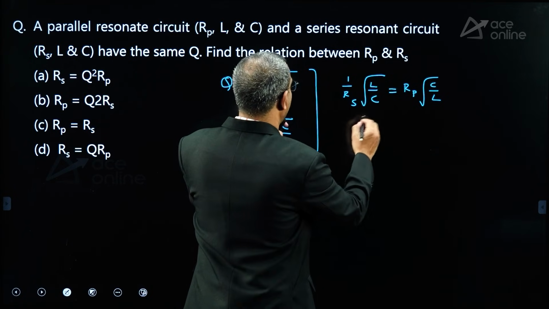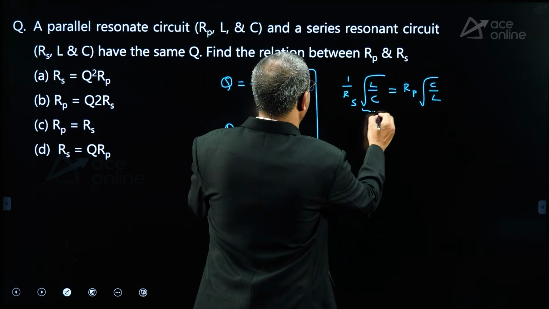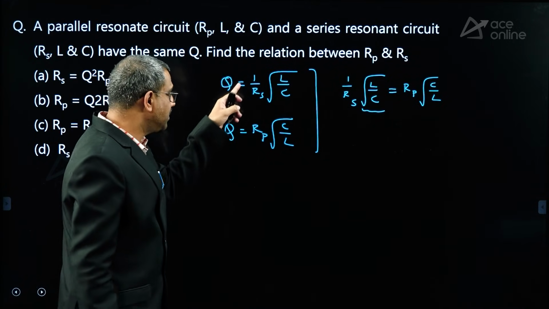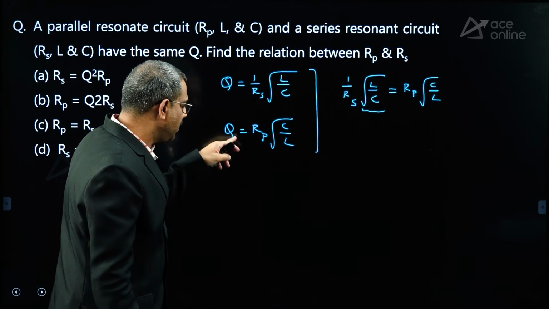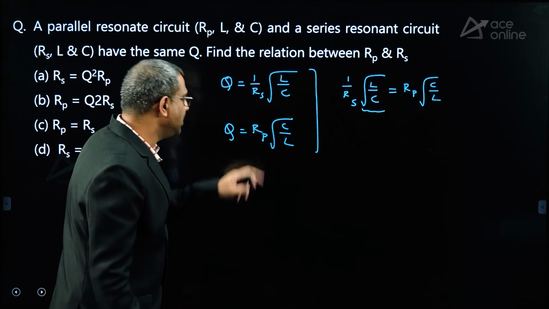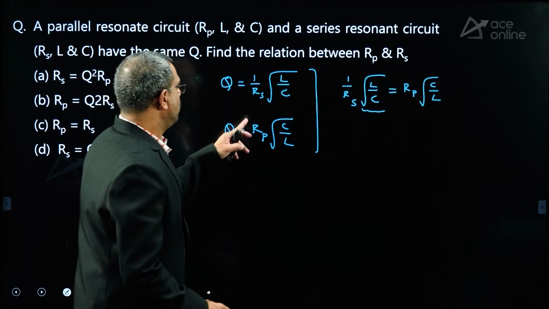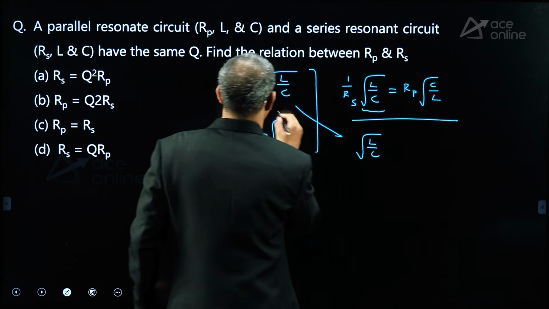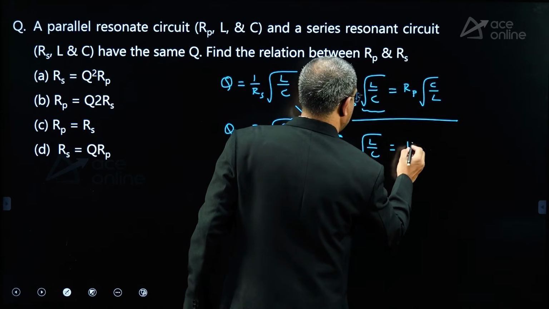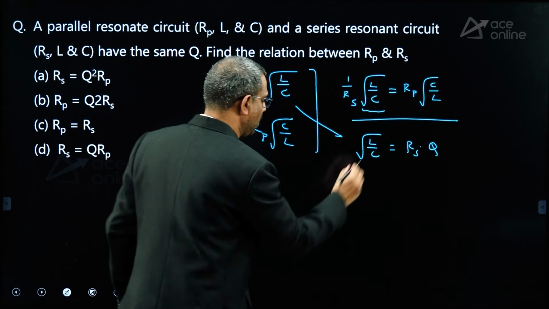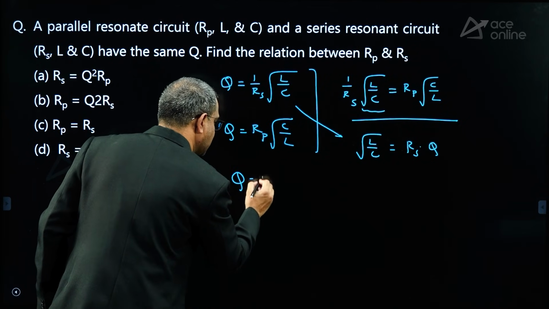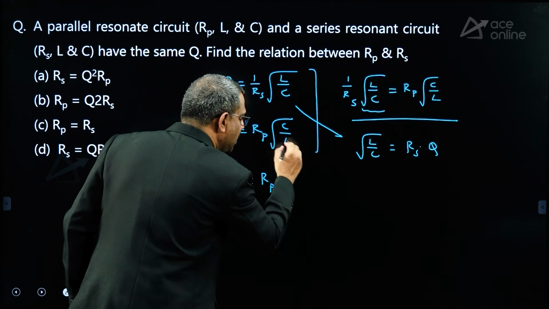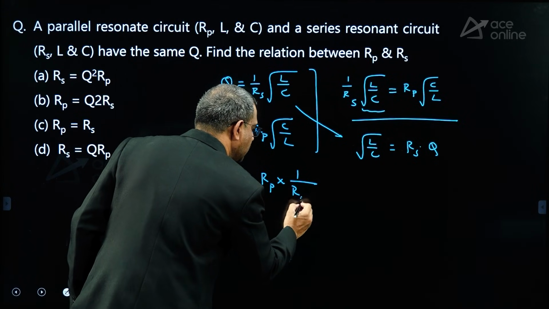The quality factor of series is 1 by RS root L by C, and the quality factor of parallel is RP root C by L. Now root L by C is RS into Q. Let me substitute here: Q is RP into root C by L, and root C by L is 1 by RS into Q.